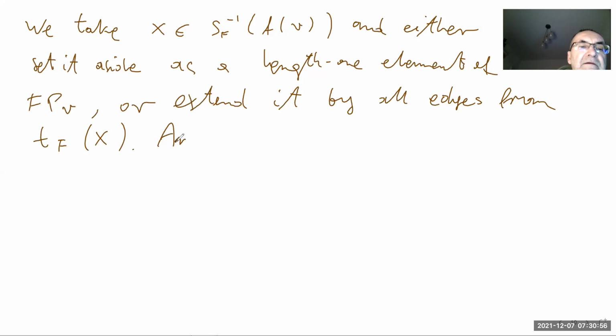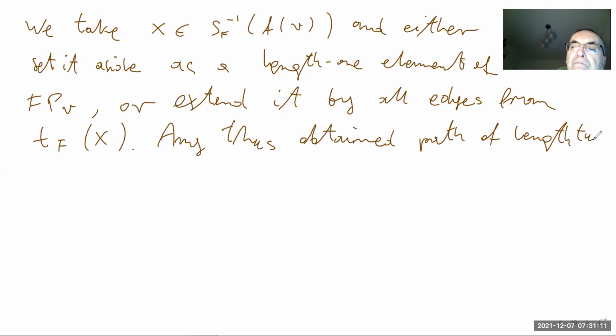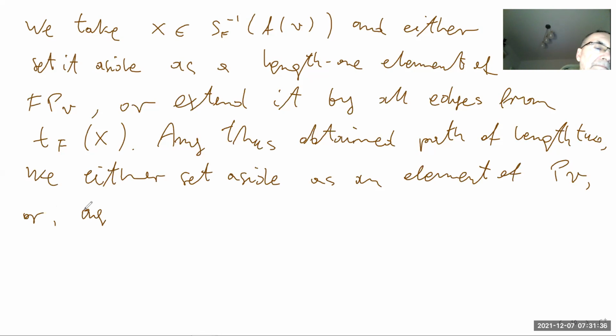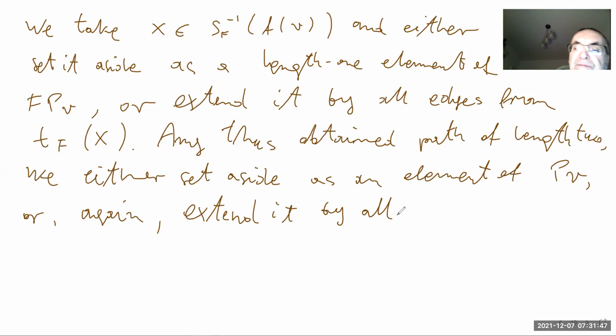And then any thus obtained path of length 2 we either set aside as an element of FPV, or again extend it by all possible edges.